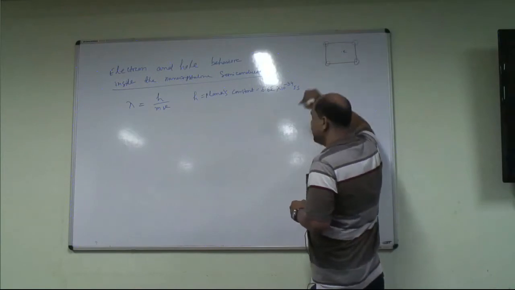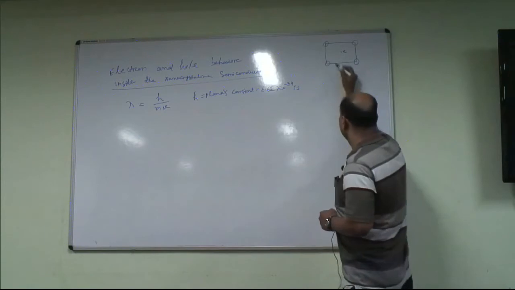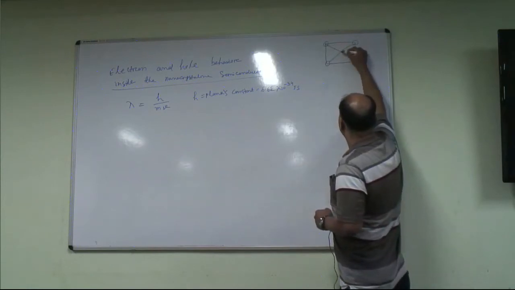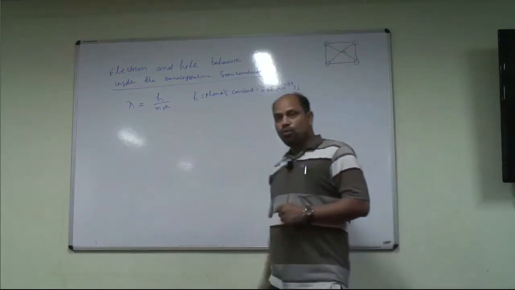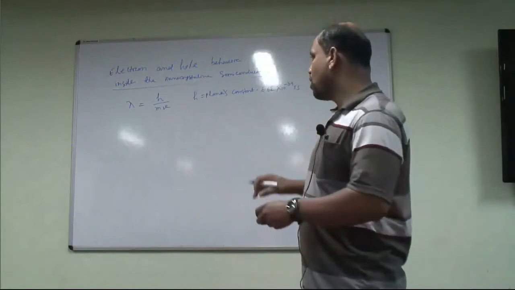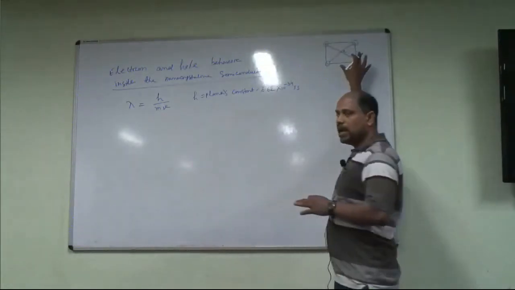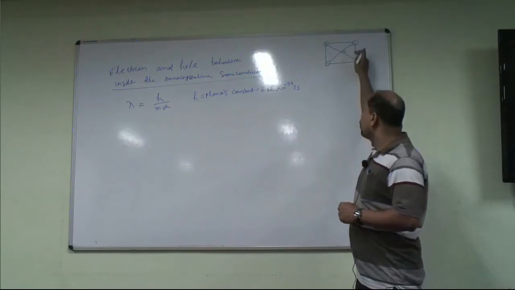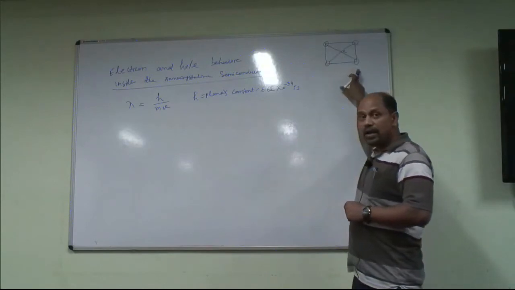If you look into this picture, the electron has interaction with the atoms. So you can easily understand that now the electron is bound at the lattice site. So if the electron is bound inside the lattice site, what happens?